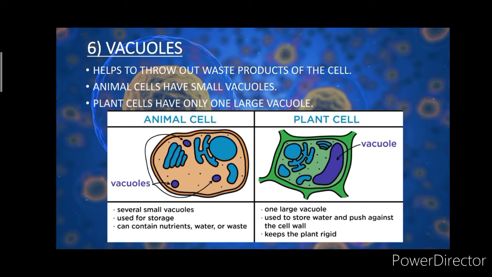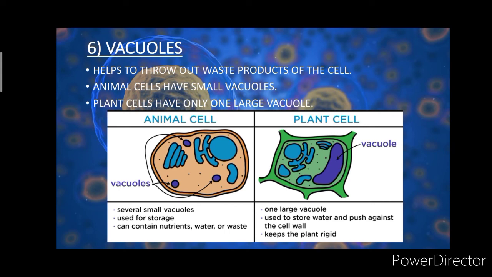The basic function is that it helps to throw out the waste products of the cell. Whatever waste is produced in the cell gets deposited in the vacuoles, and is thrown out. This is the basic function of vacuoles, in either plant or animal cells. Apart from this, a vacuole helps in storage.